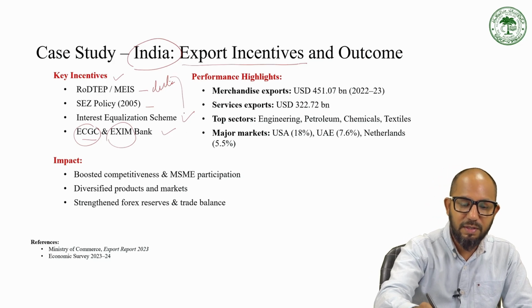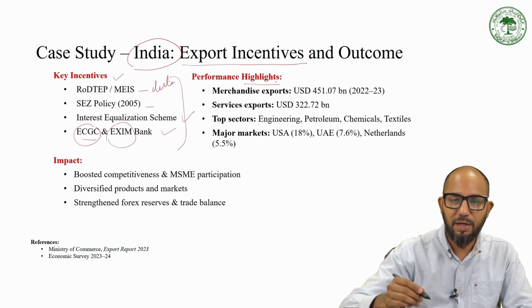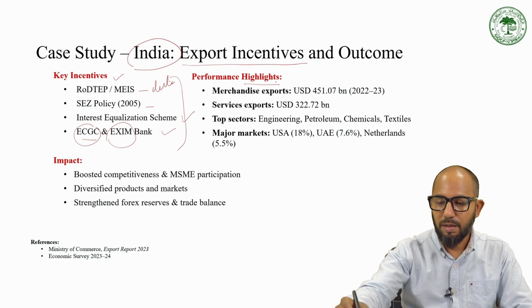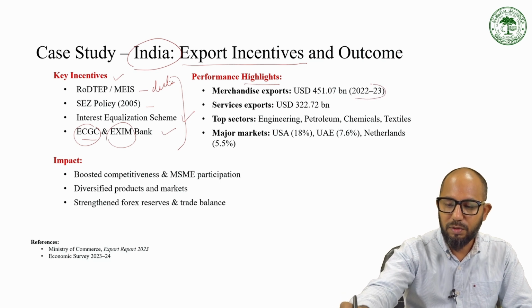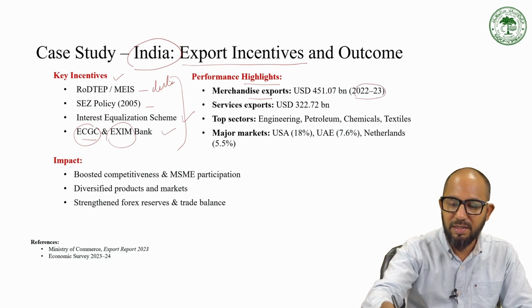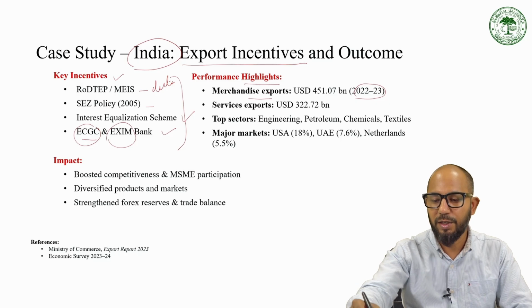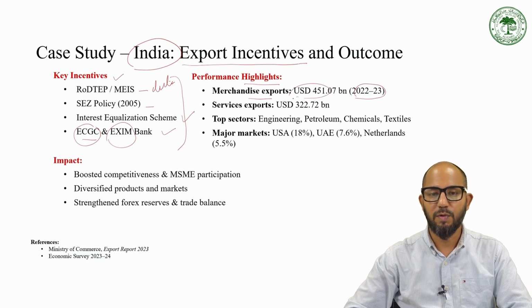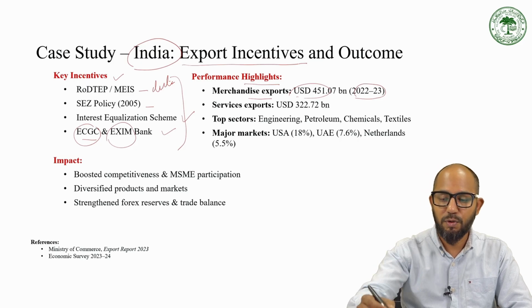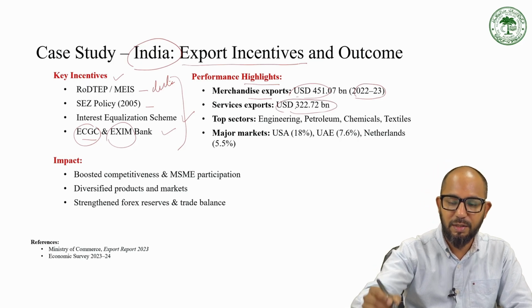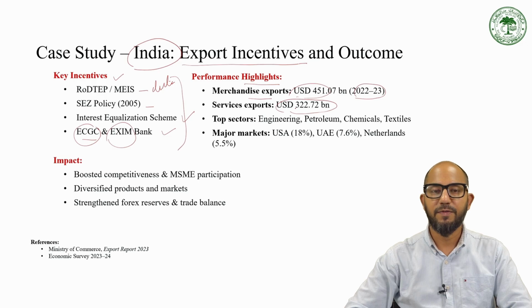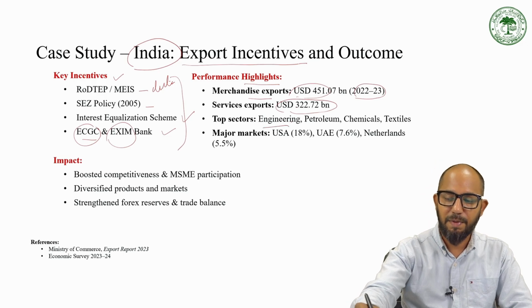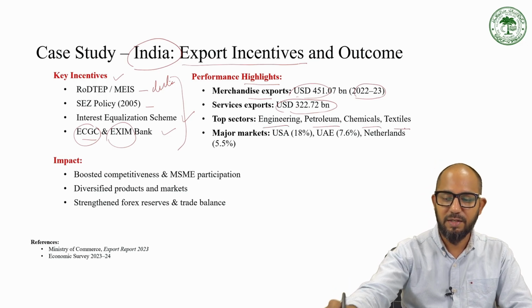Because of all these incentives, what India has been able to achieve for the fiscal year 2022-23, the merchandise, that is goods exports of India, was 451 billion United States dollars. The services export was 322 billion United States dollars, and the top sectors are engineering, petroleum, chemicals and textiles.